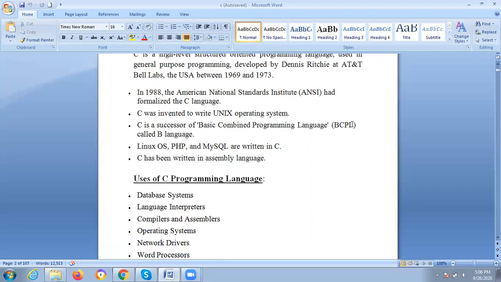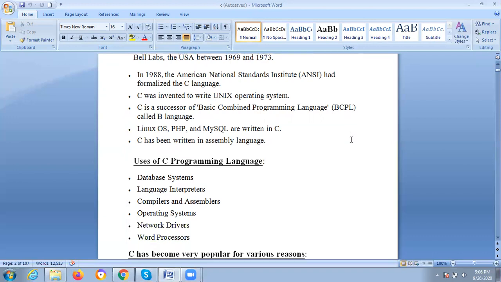Suppose you want to load drivers like LAN drivers, NIC, network interface card drivers, and these drivers also can be written in C language. And next, word processors. An example of a word processor is Microsoft Word, and other application software. These things can be written in this programming language.